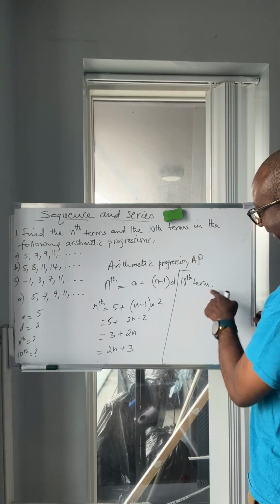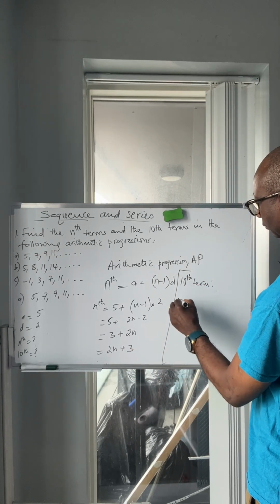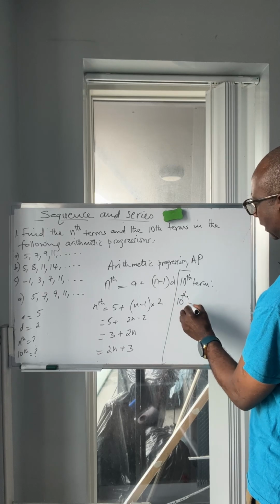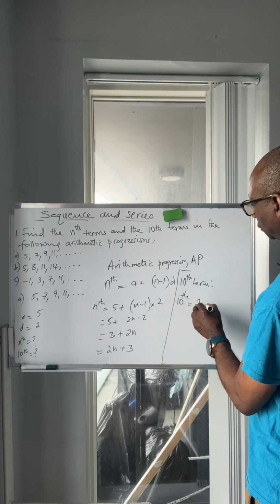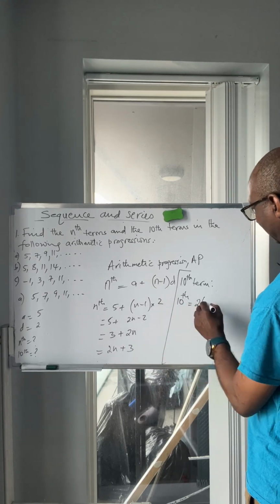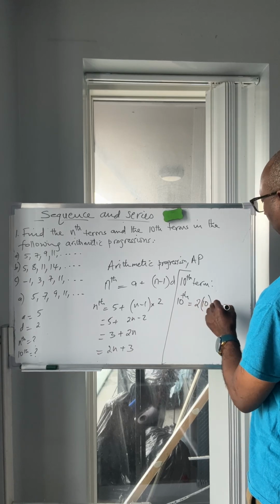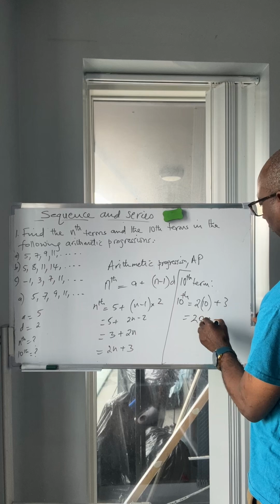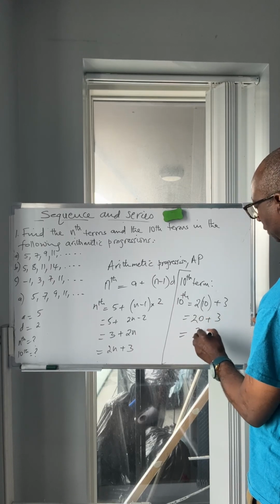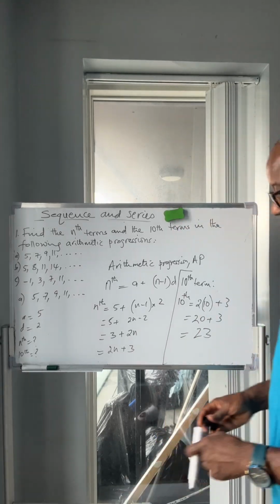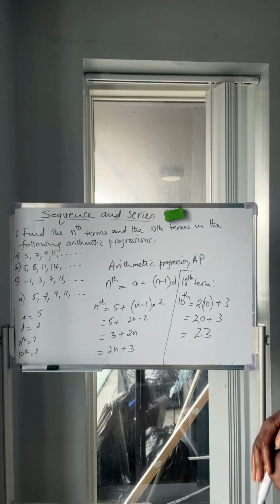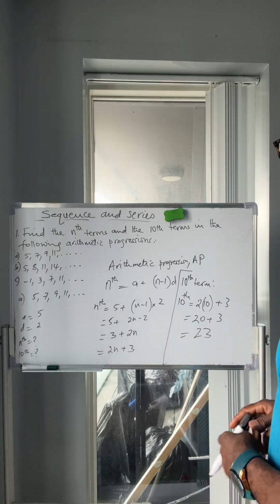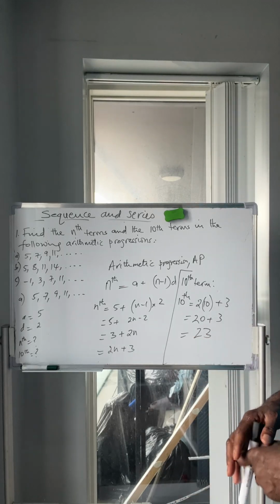To find it, we have 2 times n, where n is 10, plus 3. This is 20 plus 3. So the 10th term is 23.